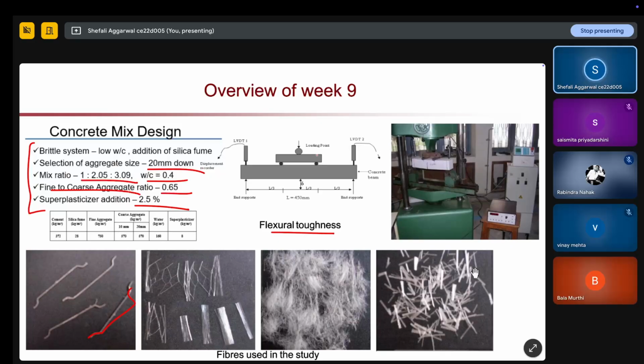In flexure toughness, if we are taking a beam, let's say this is a beam, and we are applying a load, we have 2 types of flexure testing in concrete: 3-point and 4-point loading. I think you might have studied those types of loading.